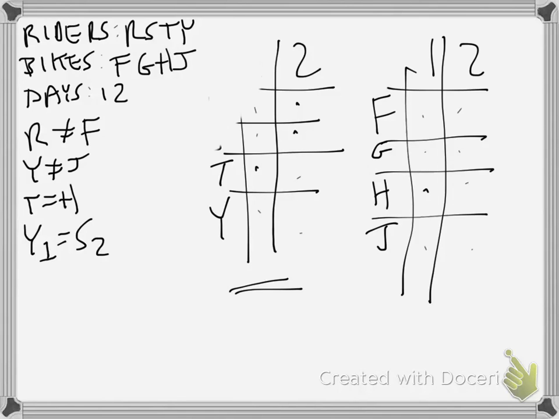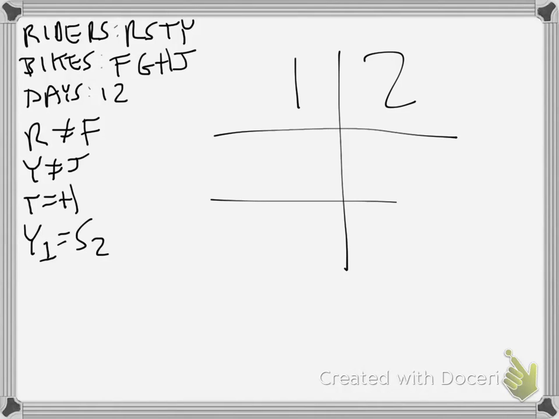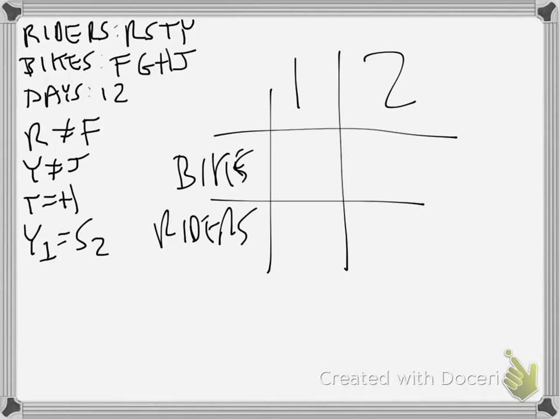Now, if we opted for something different, and let me erase here, and let's say we chose to do days 1 and 2 across the top, and down the side we chose to put something like bikes and riders. Well, the problem is each day everybody's going, which means for the bikes on day 1, R, S, T, and Y are going, and on day 2, R, S, T, and Y are going.